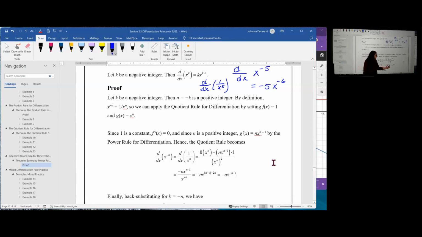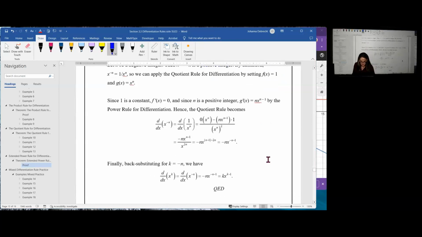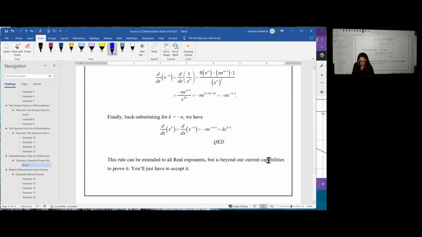Then when I combine n minus 1 minus 2n, I get minus n minus 1, the rule. Back substituting finally to get out of n and back to k, I get the final rule of the derivative of x to the k, even if k is a negative integer, of kx to the k minus 1.